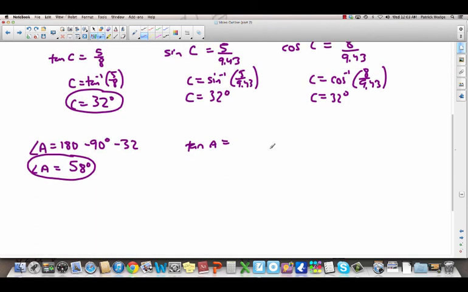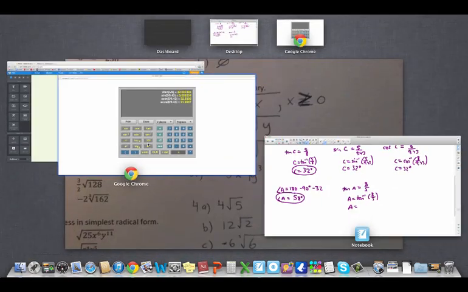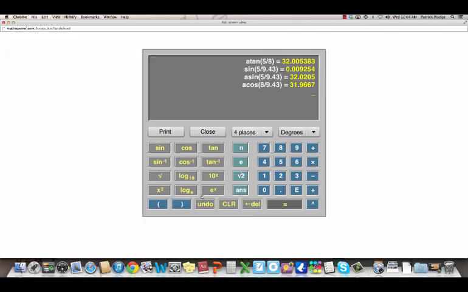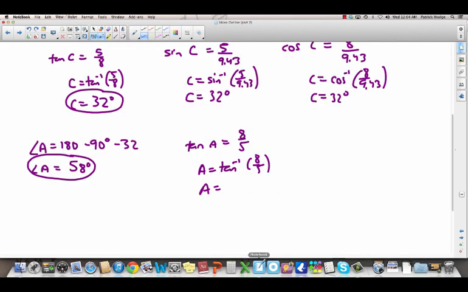So tan A equals 8 over 5. So to get angle A, we need to do inverse tan of 8 over 5. Sure hope we get the answer 58 degrees. Let's see. Inverse tan of 8 divided by 5 equals 57.99. I think it's safe to round that to 58 degrees.